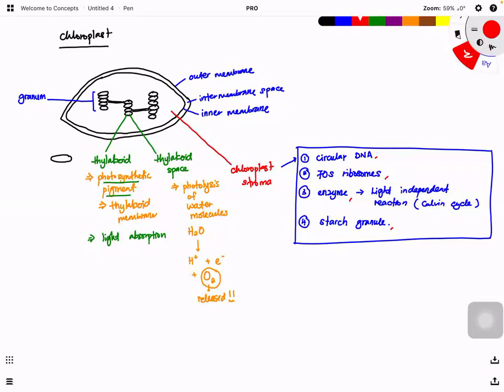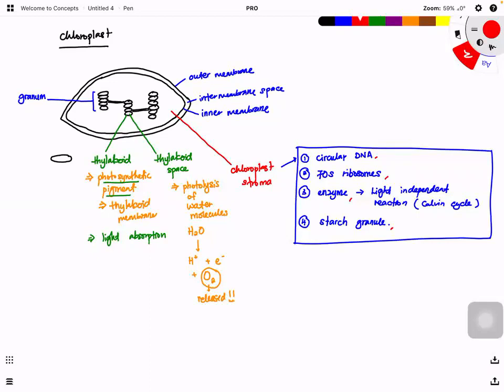So who traps the energy? The photosynthetic pigments, for example chlorophyll A and chlorophyll B, absorb the light energy. They are located on the thylakoid membrane, so they perform the light absorption.